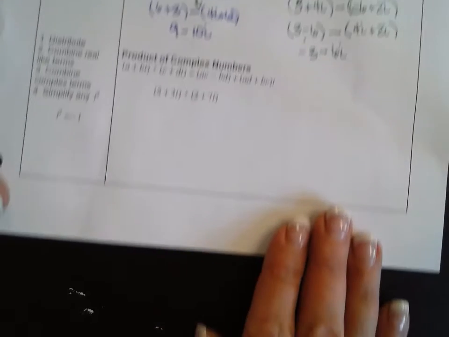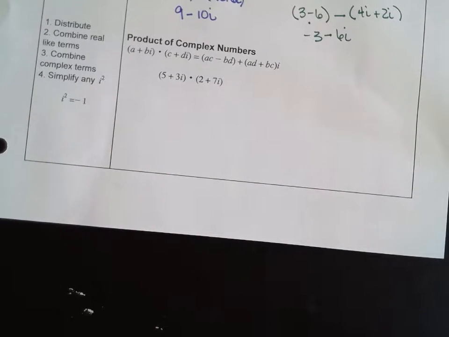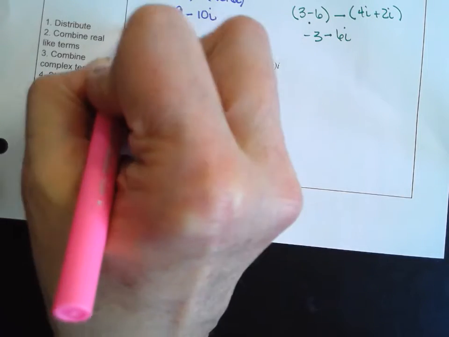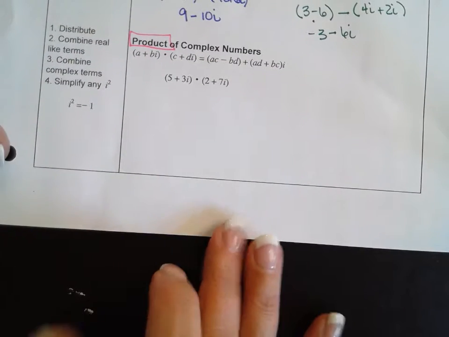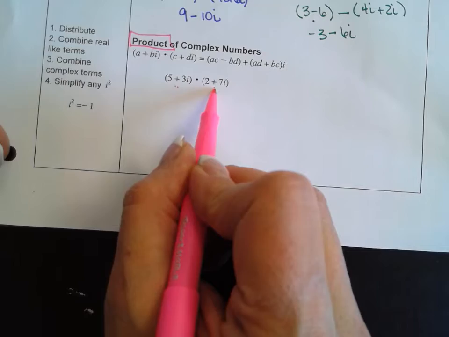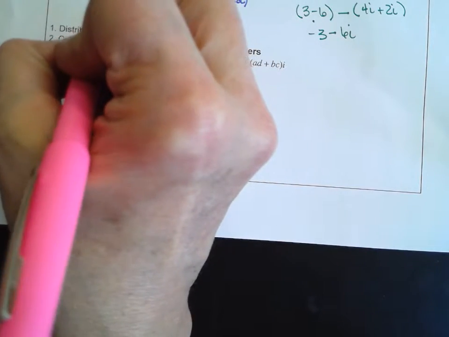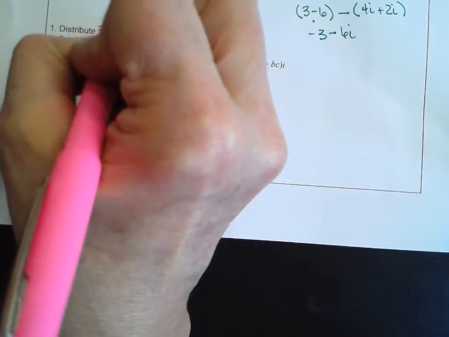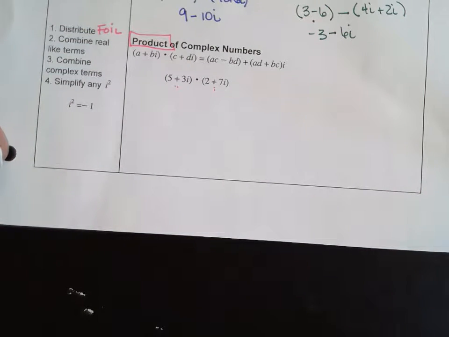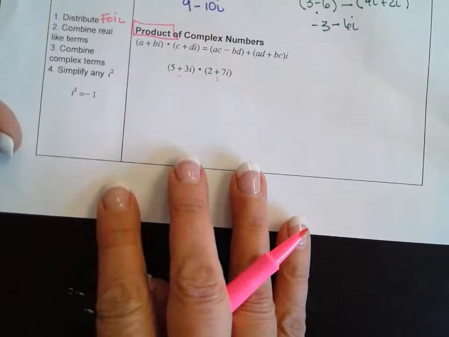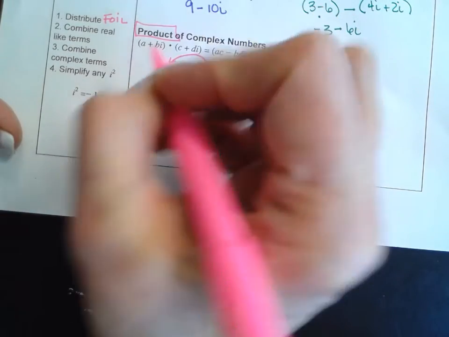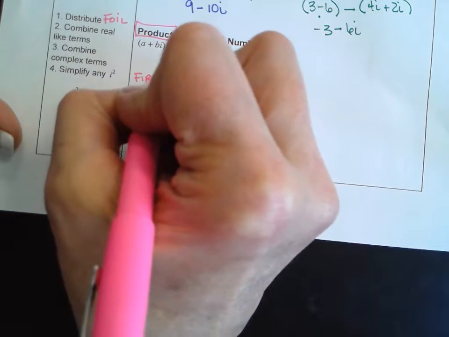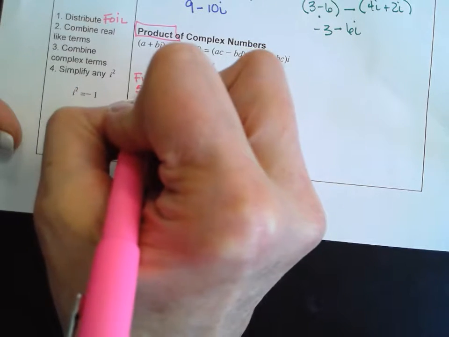All right. Product. What's it mean to be a product? Multiplication. What do you do when you multiply two binomials? Like here. FOIL. Okay? All right. So, I'm going to have my first, which will be 5 times 2.